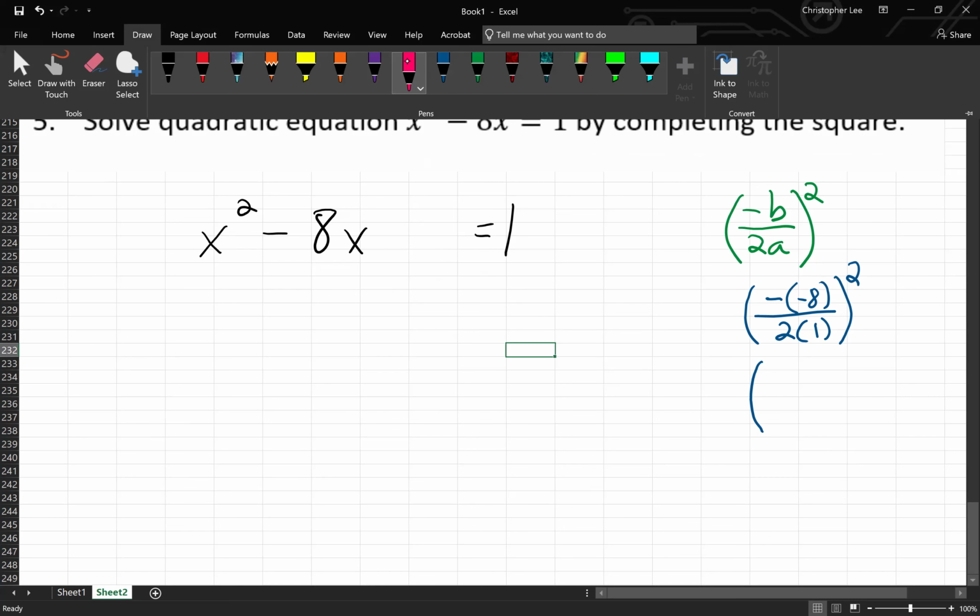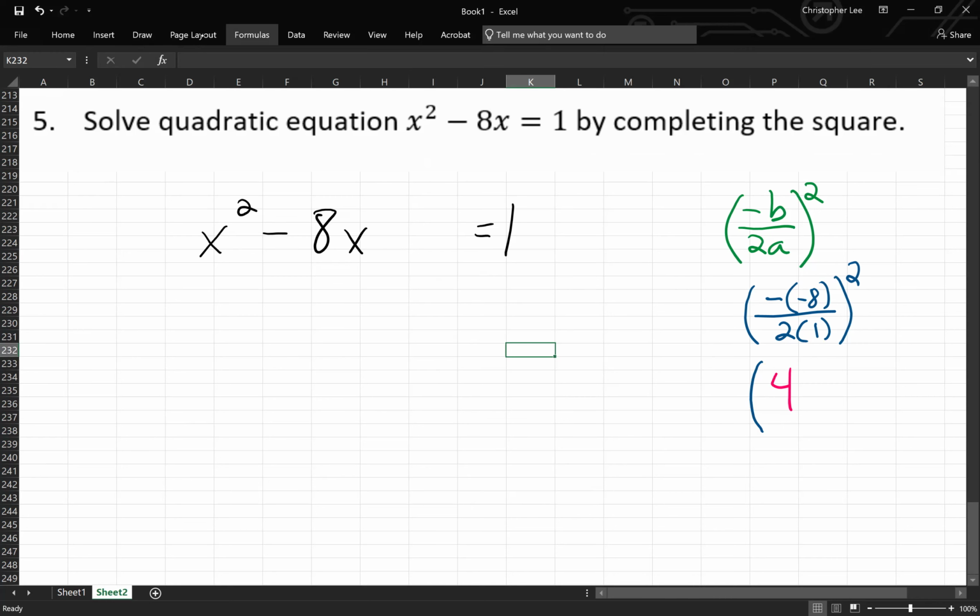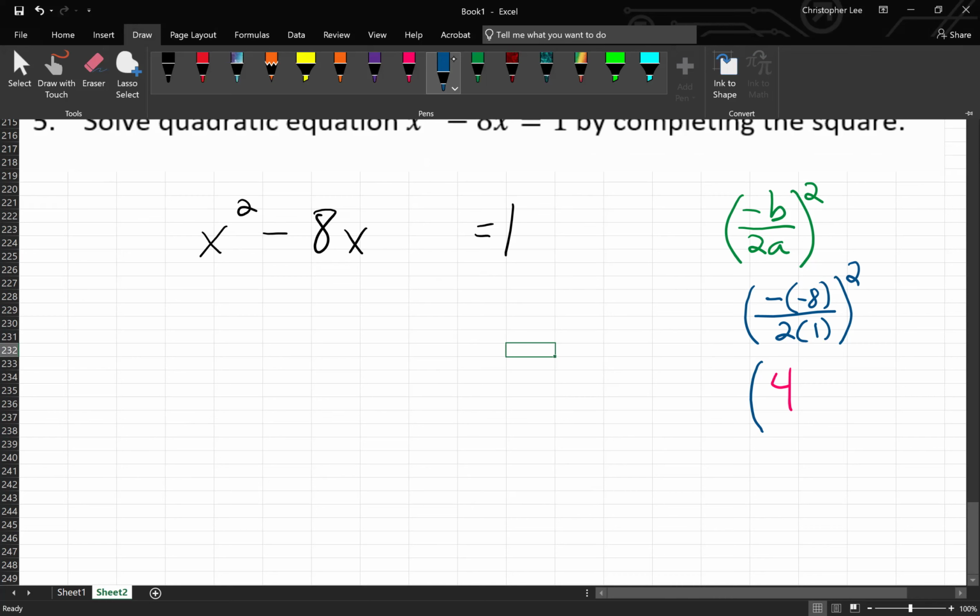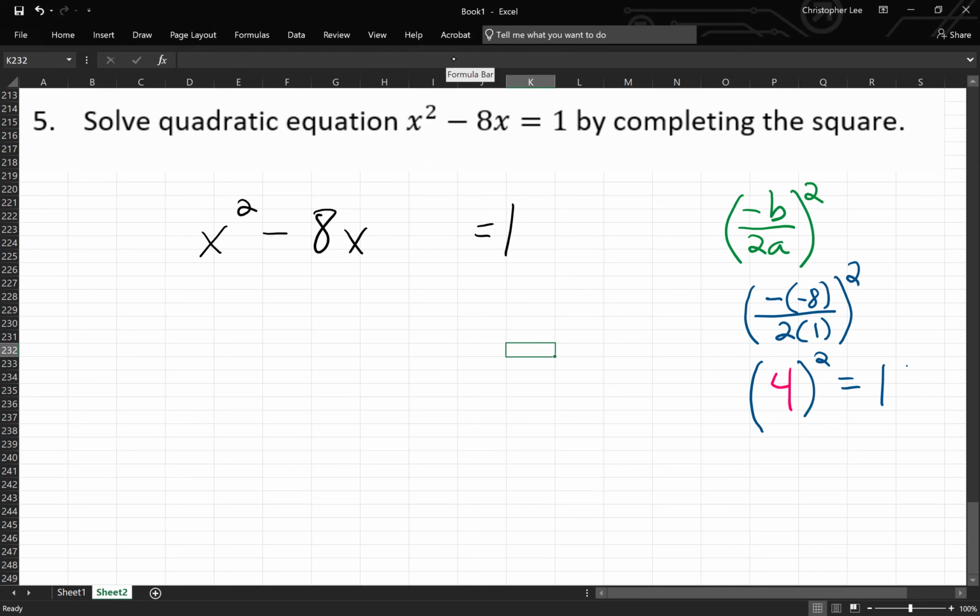I'll give you that. Exactly. And then 4 squared is 16. So what does that mean? I want to take 16 and add that to both sides of the equation. So I'm going to add a 16 here, I'm going to add 16 here.